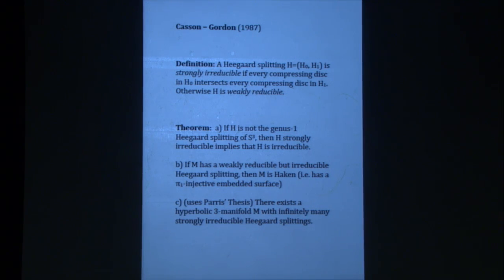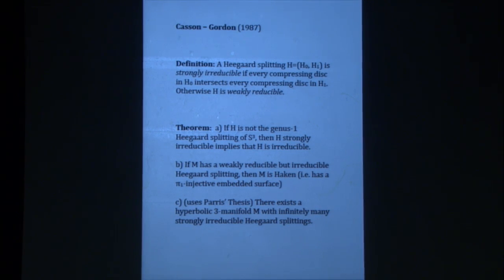So right, they introduced this idea of strongly irreducible Heegaard splitting, and they proved this remarkable theorem, which is that for non-Haken manifolds, irreducible splittings are also strongly irreducible, and that was quite striking.